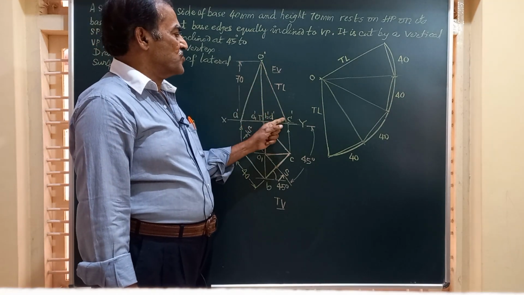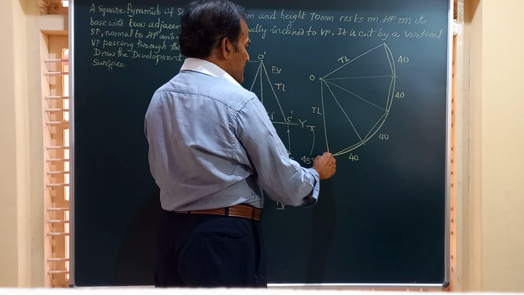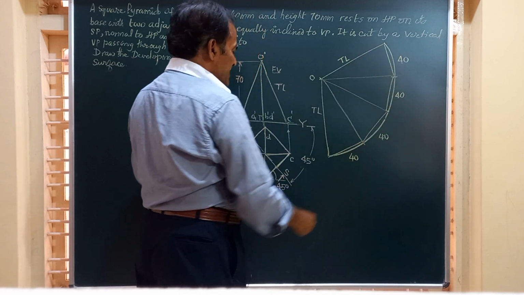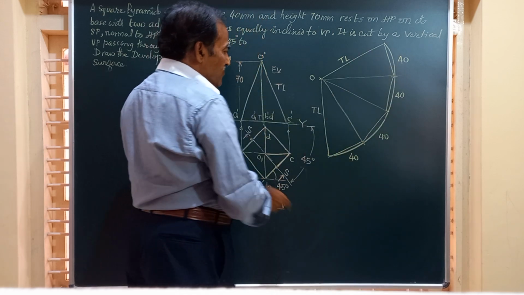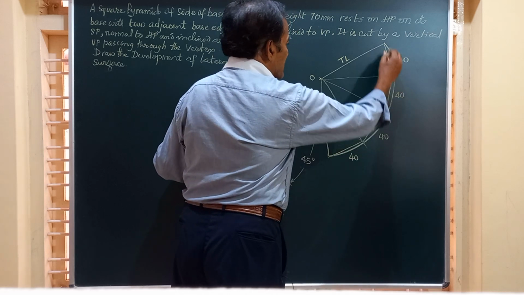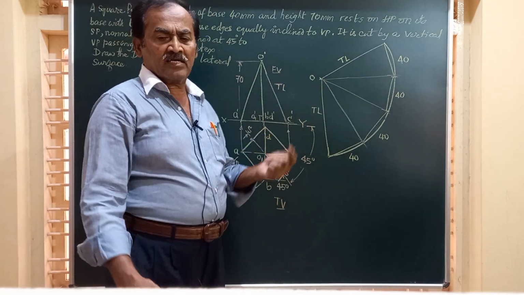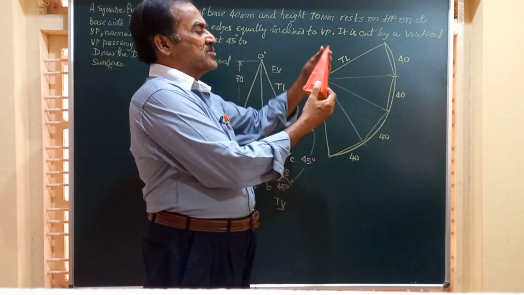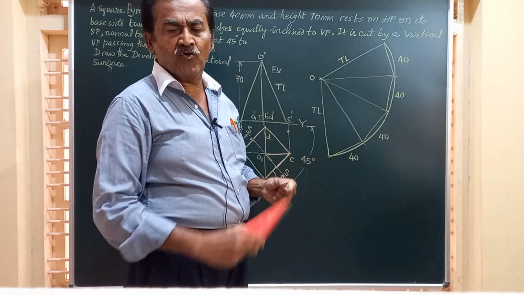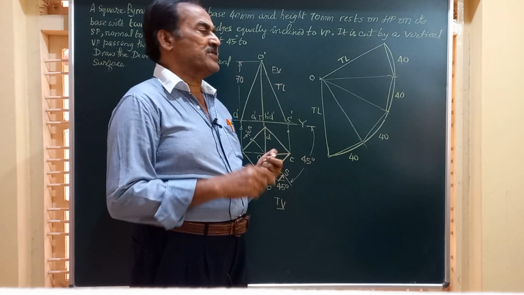Using this true length, I am going to mark a sector of this length equal to the TL obtained from here and draw an arc here. On that arc, I am going to step up four divisions, each of 40 millimeter. So we are going to have four triangles on the lateral surface, 1, 2, 3 and 4. So there are four triangular surfaces on the lateral surface of the pyramid.